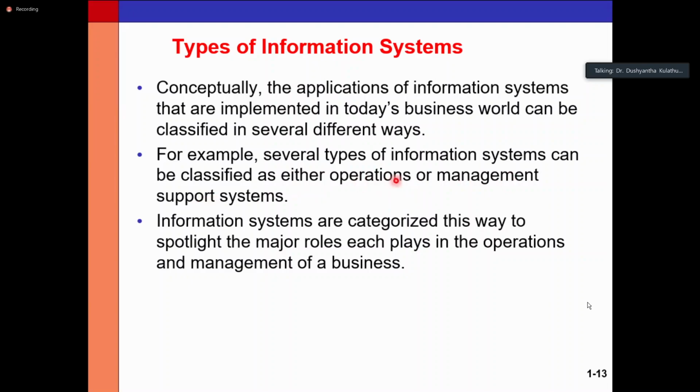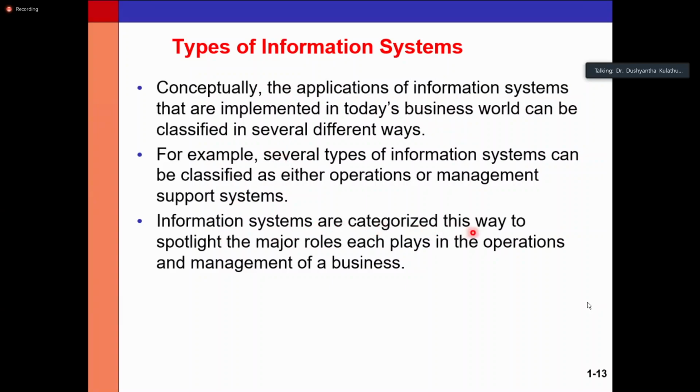But when we consider an organization and look at this classification, we may feel that almost all information systems used within an organization can be categorized under these two, the operation support systems and management support systems, but there can be some exceptions. That is why the term several is used here.